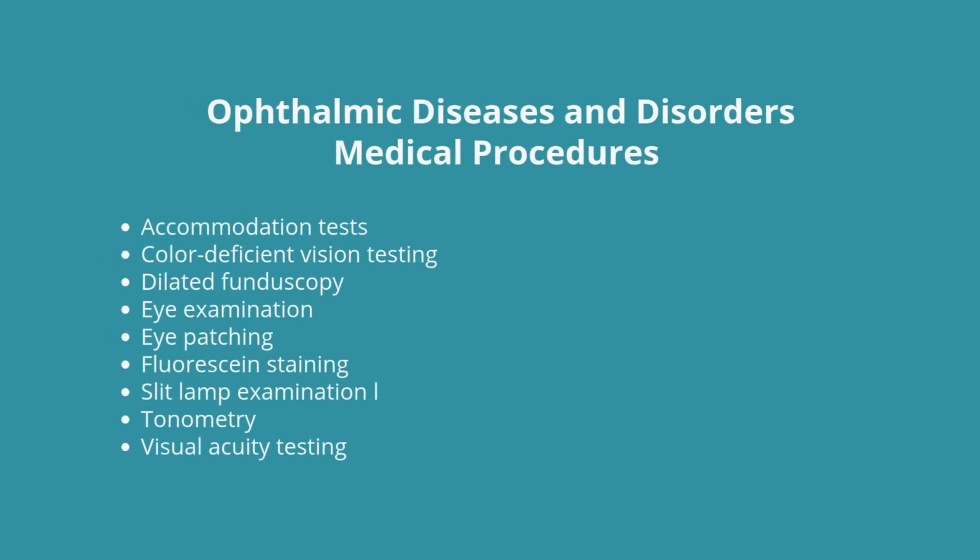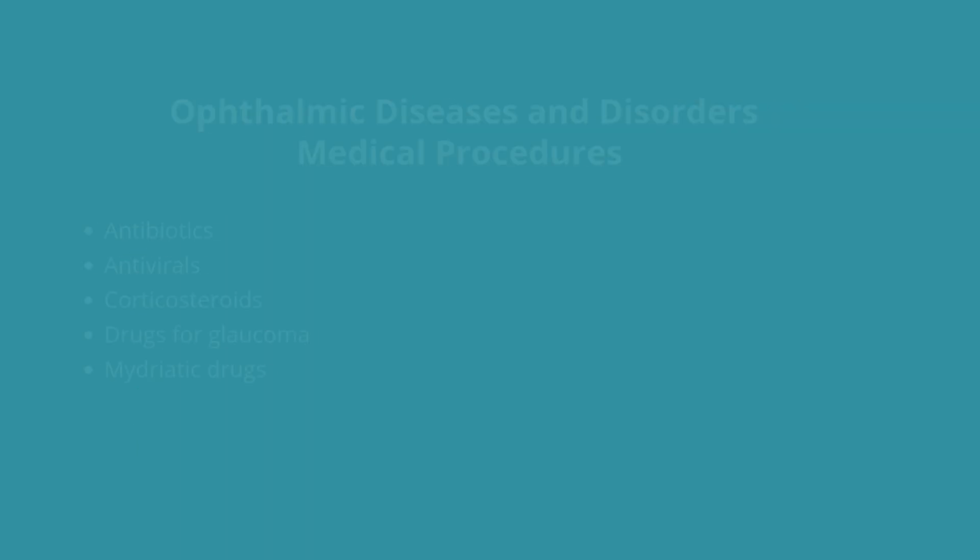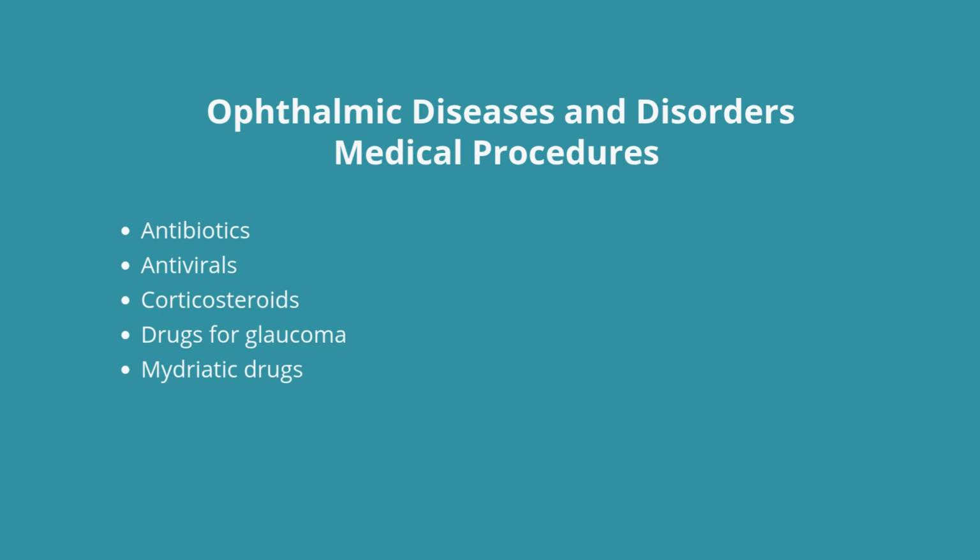Medical procedures include accommodation tests, color-deficient vision testing, dilated funduscopy, eye examination, eye patching, fluorescein staining, slit lamp examination, tonometry, and visual acuity testing. Medications include antibiotics, antivirals, corticosteroids, drugs for glaucoma, and mydriatic drugs.